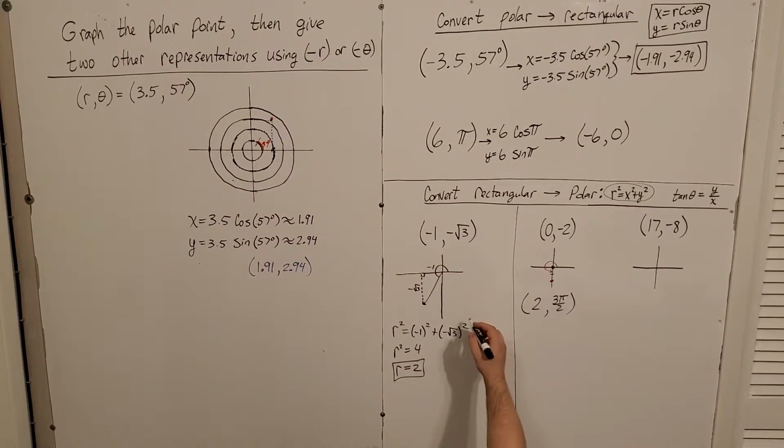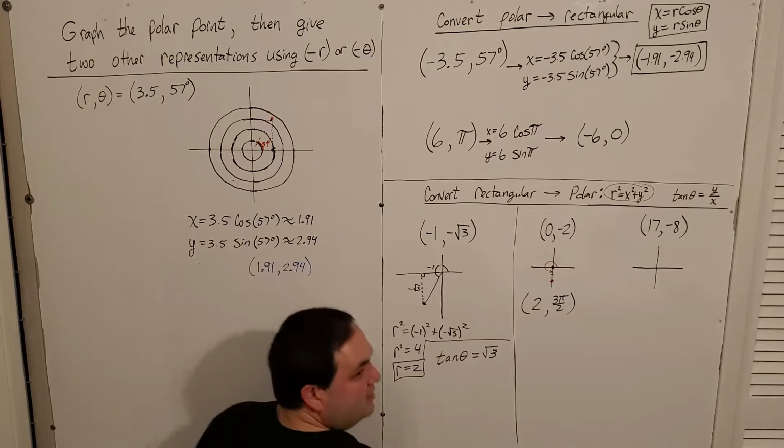It's saying that tangent of theta, the thing I should be looking for, is equal to y over x. That's negative square root of 3 over -1. Negative over negative is positive, right? And anything over 1 is itself. So tangent of theta is equal to square root of 3.